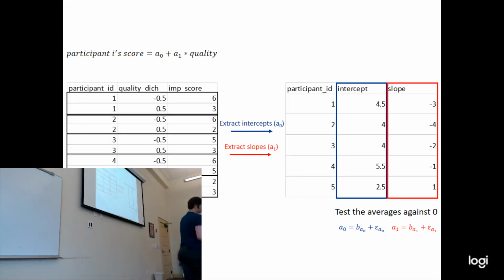Reviewers are going to vary in their sensitivity to that quality manipulation. And that's this error term here. The fact that I've given these two error terms different subscripts just indicates that they're different quantities. So the error in the intercepts is not going to be the same as the error in the slopes. That makes sense, because if you think about fitting two intercept-only models across two different variables, there's nothing that says that the error for variable 1 has to be the same as the error for variable 2. It's exactly what we're doing here.